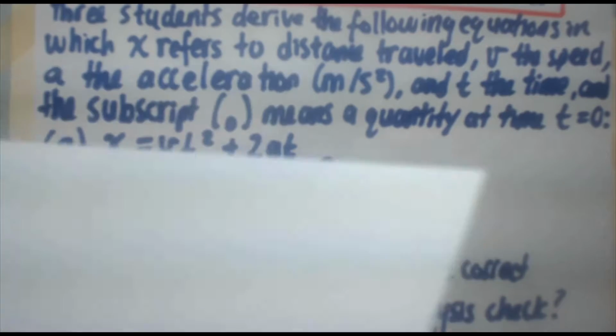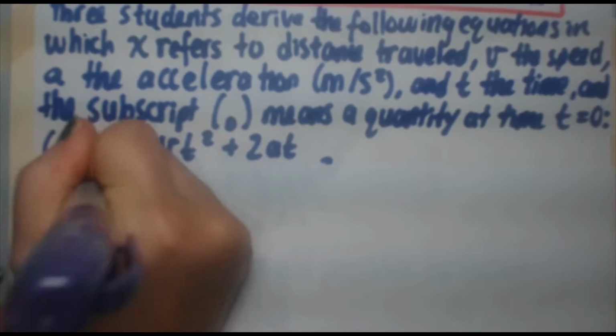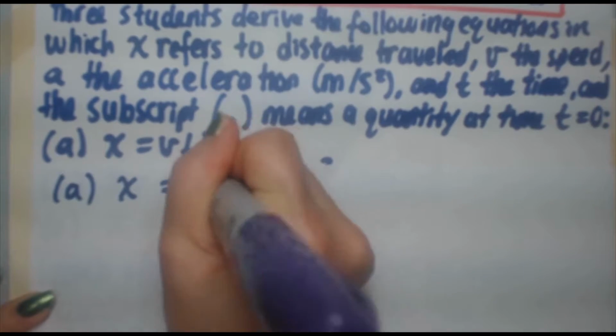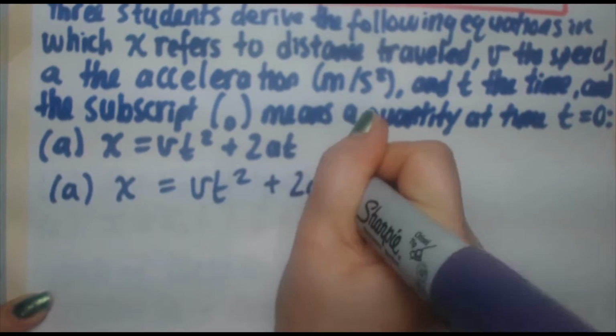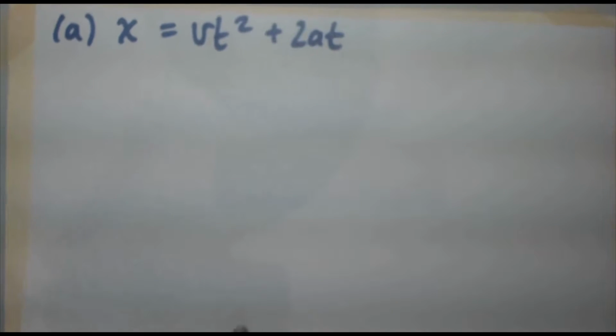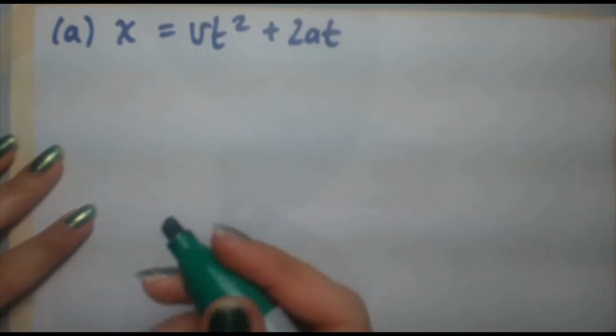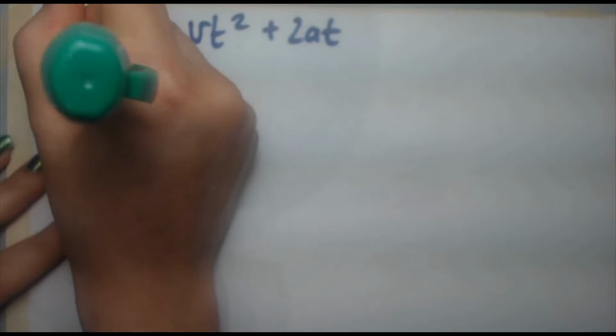I'm going to put part A on a new sheet of paper. vt squared plus 2at. Let's go ahead and solve this. Just like before, dimensional analysis is done using square brackets, so the first thing I'm going to do is replace everything with square brackets.